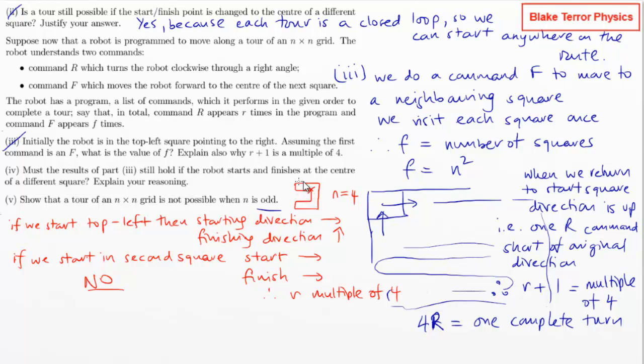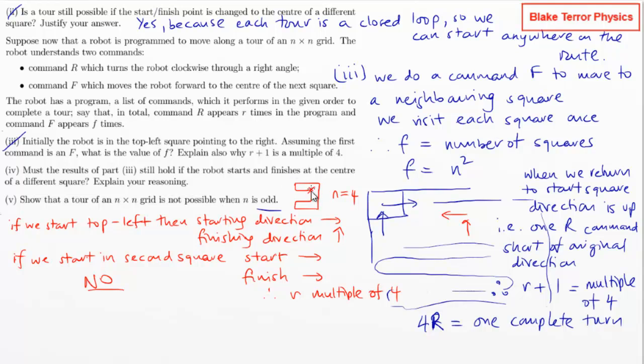Is that right? No, not R minus 1. That's turning right. Oh, yes, it would be. We've gone one past where we want to be. No, that's gone anti-clockwise round. Oh, maybe that is still R plus 1. If you started going to the left, and you come in pointing upwards, because we can only turn right, that'd be going right, which means we're one short of where we want to be, which is the same.